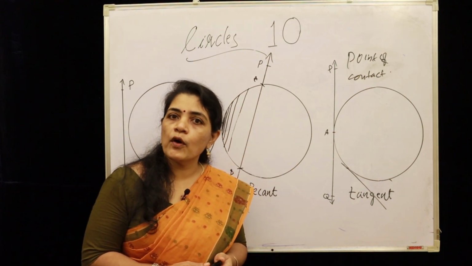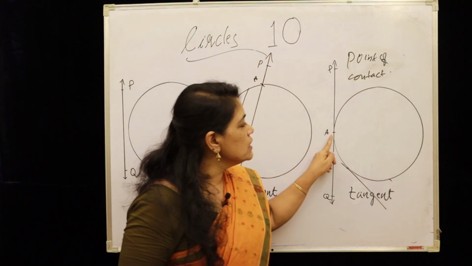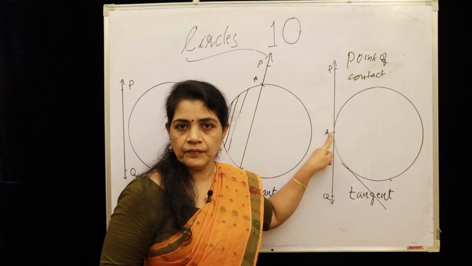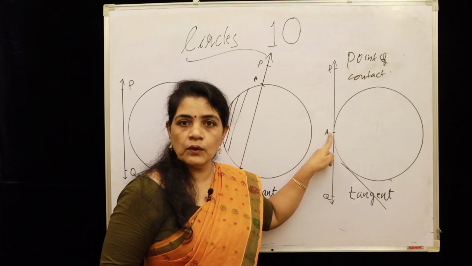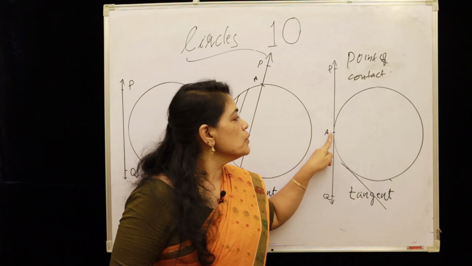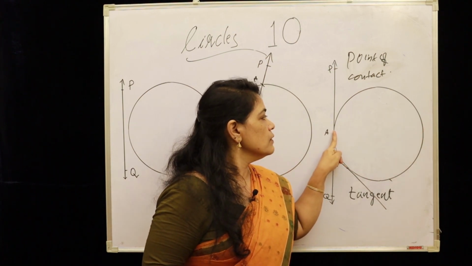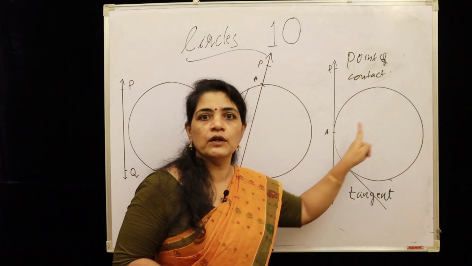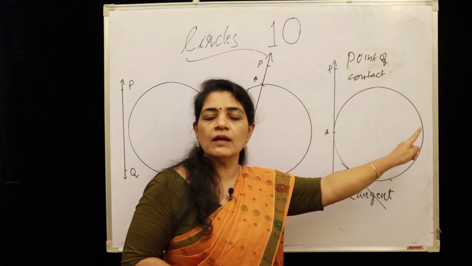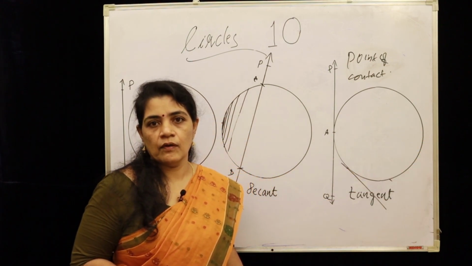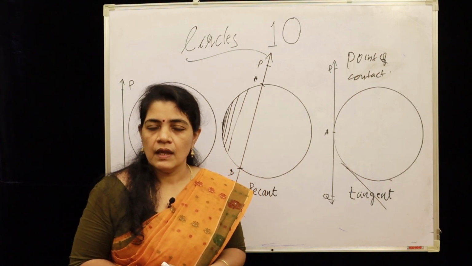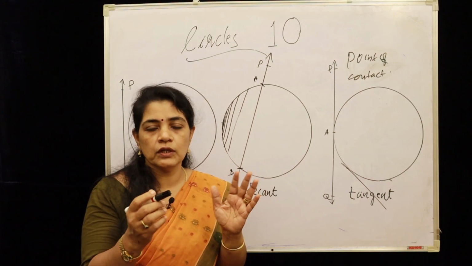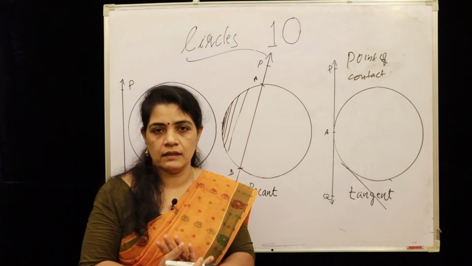Another point: with respect to this tangent PQ at the point of contact A, you can draw exactly one more tangent parallel to PQ. You can draw a pair of tangents, that is, two tangents which are parallel to each other.